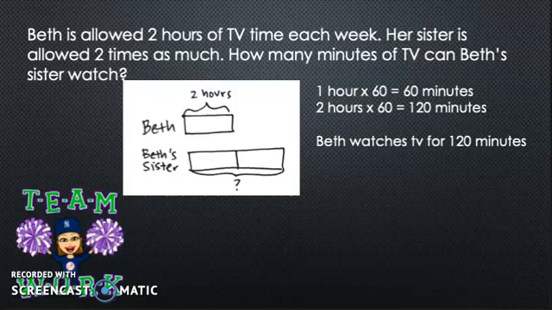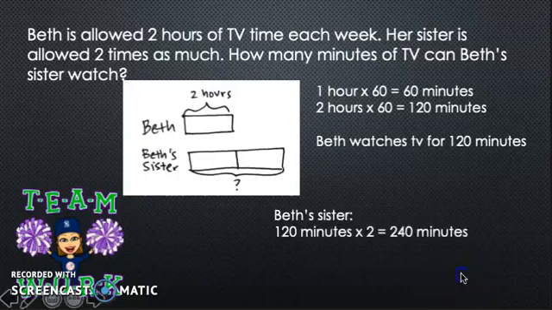Friends, what can I do to figure out how much TV Beth's sister can watch? Sure, you can take Beth's time, which is 120 minutes, and multiply it by 2. 120 minutes times 2 equals 240 minutes. So Beth's sister is allowed to watch 240 minutes of TV each week. Lucky her.